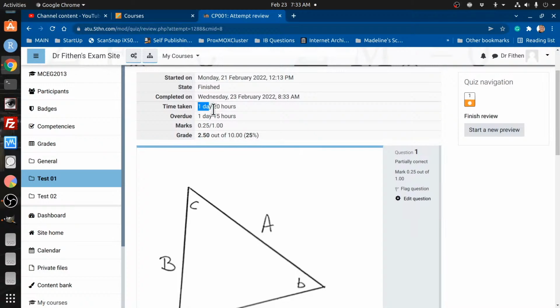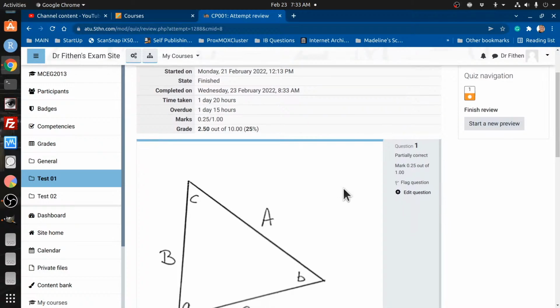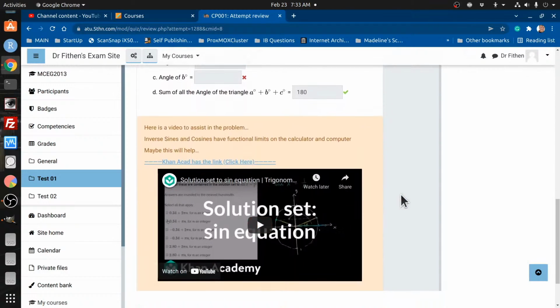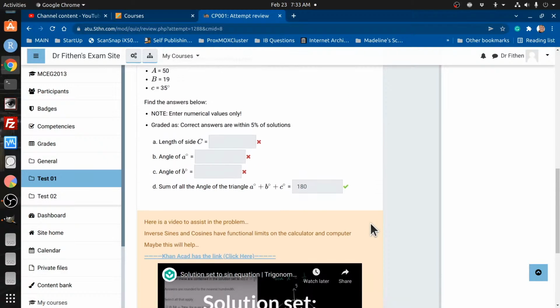It took me a long time to do the problem because I started it yesterday. And so at the end of this particular one, I put this little tan sheet in here in which I linked this Khan Academy video about sines and cosines.